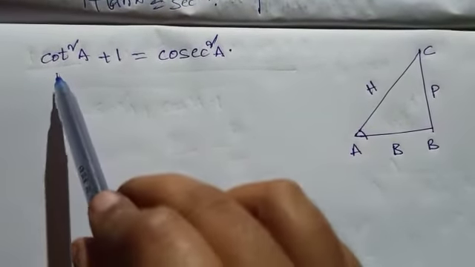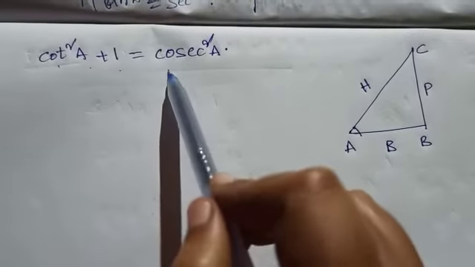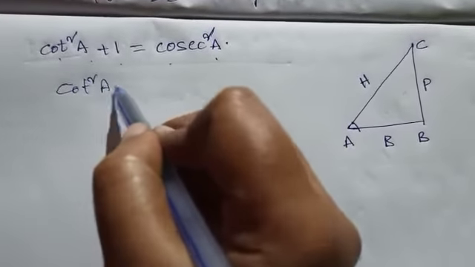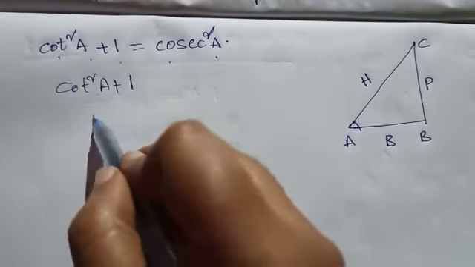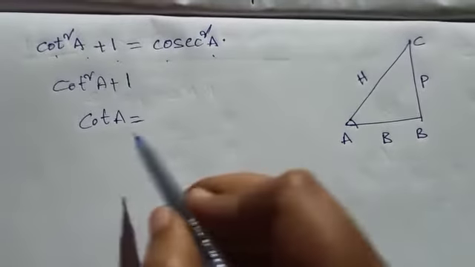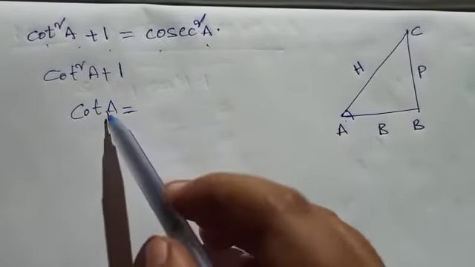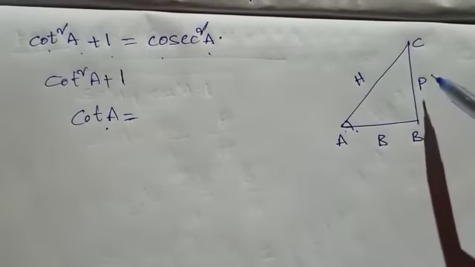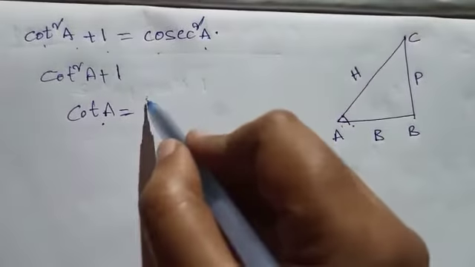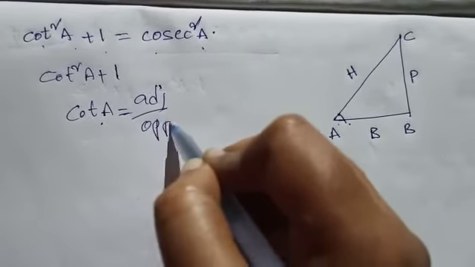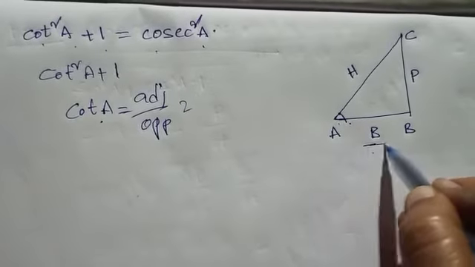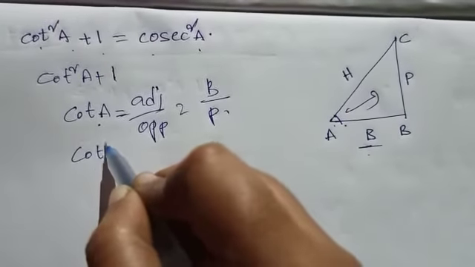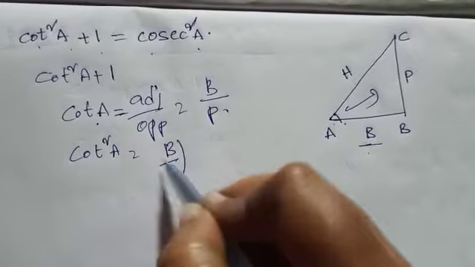Next identity: cot square A plus 1 equal to cosecant square A. We have to prove cot square A plus 1 equal to cosecant square A. With reference angle A, cot A equals side adjacent to the angle A by side opposite to the angle A, which is base B by opposite side P. Cot square A equals (B by P) whole square.